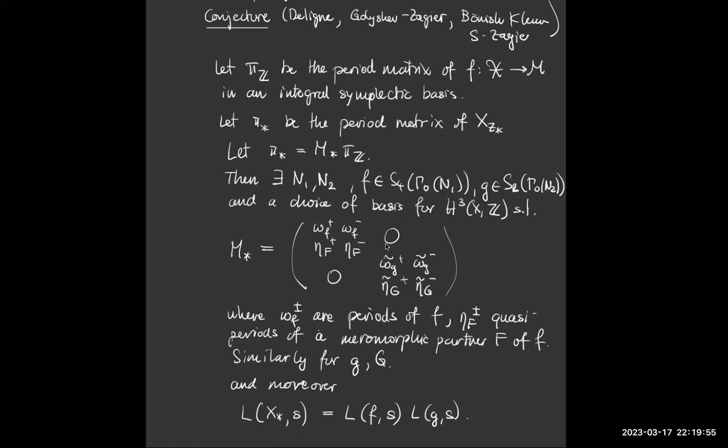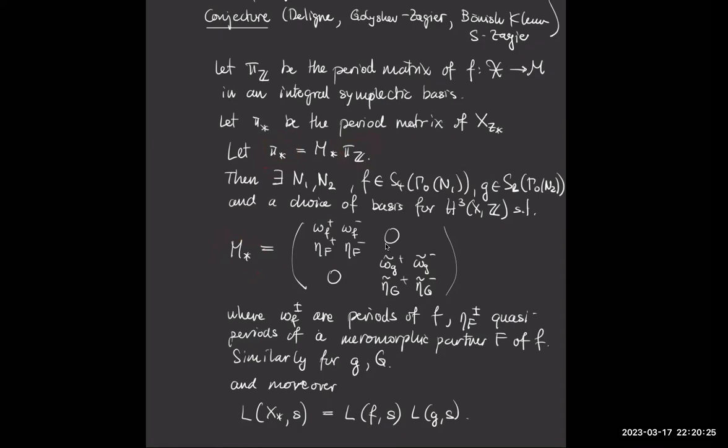So this in the end means that we have to compute two matrices. One matrix is very easy to compute, namely this matrix here, because it's easy to determine this period matrix, since we can solve the corresponding Picard-Fuchs equations.